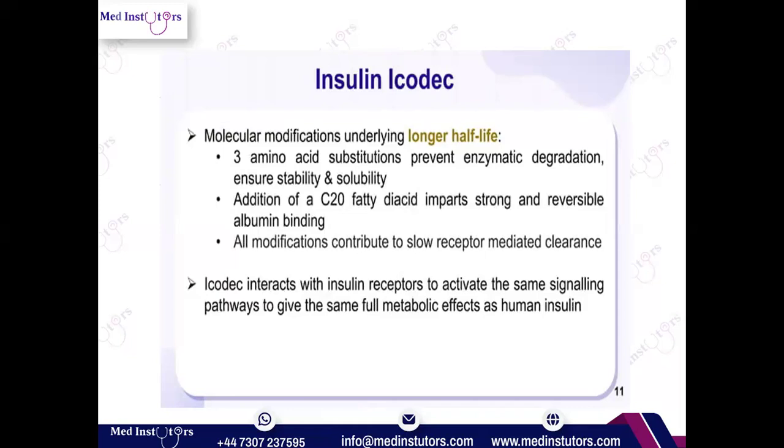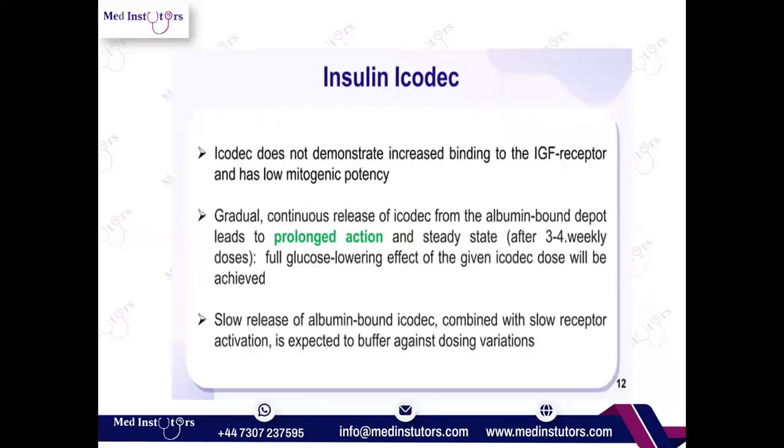Icodec interacts with insulin receptors to activate the same signaling pathways which we have seen in the previous slides. Icodec does not demonstrate increased binding to the IGF receptor and has low mitogenic potency. Gradual, continuous release of icodec from the albumin-bound depot leads to the prolonged action.